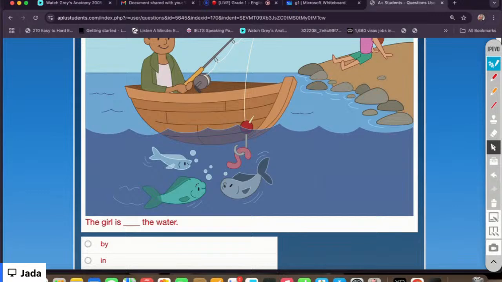Okay, so is it by or in? What do you all think? You can look at it and tell me.